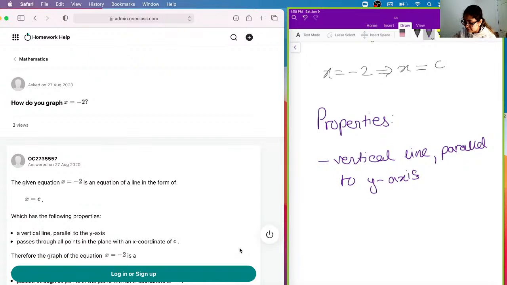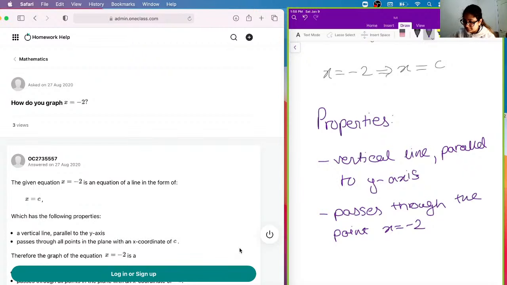So for our equation x equals -2, it passes through the point x equals -2, and therefore the graph of the equation x equals -2 is a vertical line.